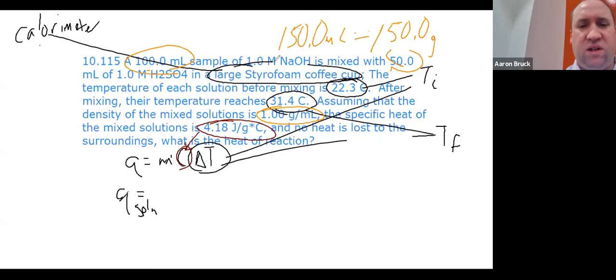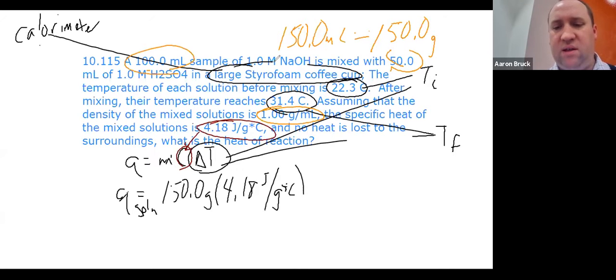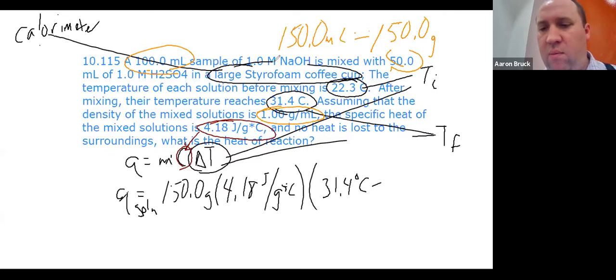So the heat of solution is the mass, 150.0 grams, multiplied by the specific heat, 4.18 joules per gram degree Celsius, multiplied by the change in temperature, 31.4 degrees Celsius minus 22.3 degrees Celsius.